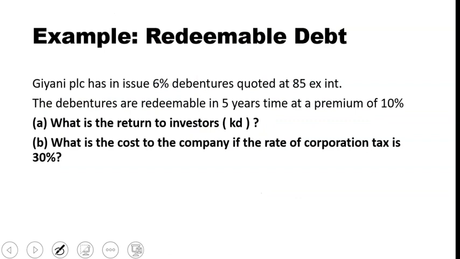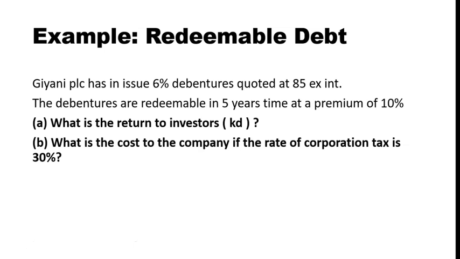Okay, let us have a go at this example and see if we are mastering the concept. We have got a company called Gianni PLC, which has in issue 6% debentures quoted at $85 ex-int. The debentures are redeemable in 5 years' time at a premium of 10%.